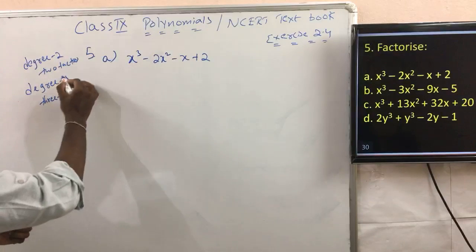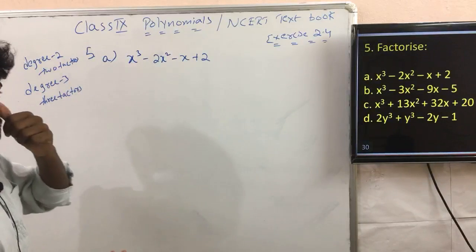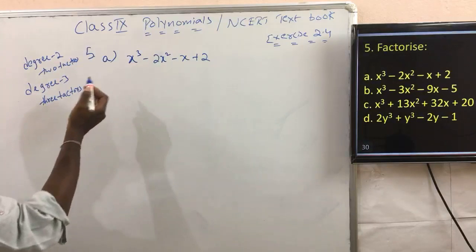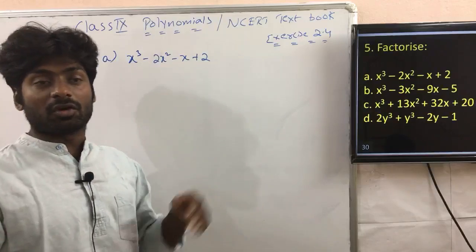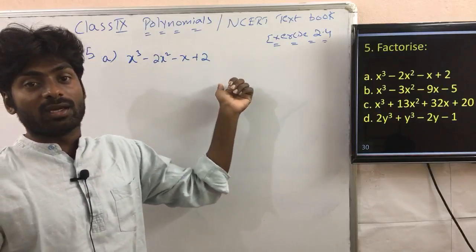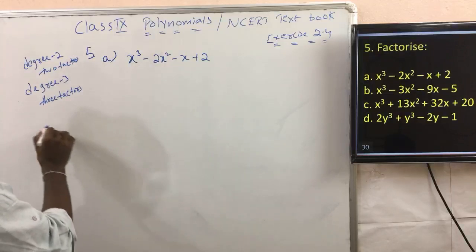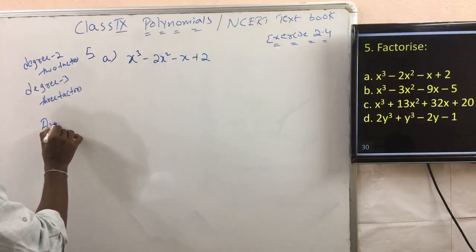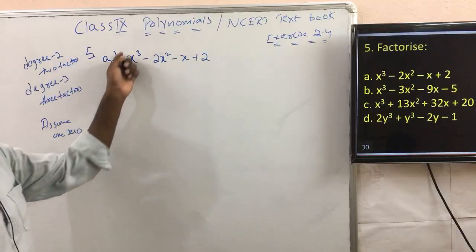So for cubic polynomials we will get 3 factors, otherwise 3 zeros. So in a quadratic polynomial directly we go for the splitting method. Now here, first of all we assume one zero and substitute in the given polynomial.